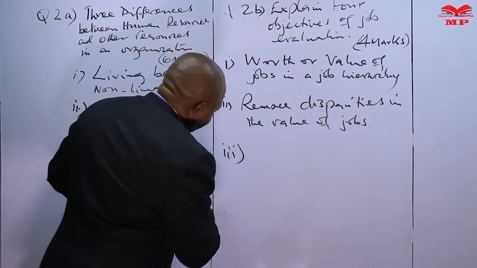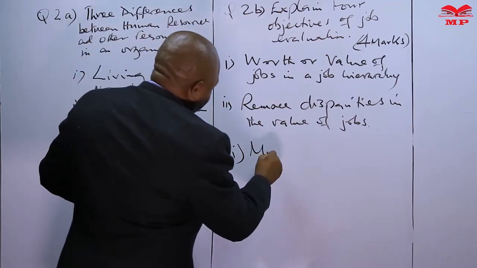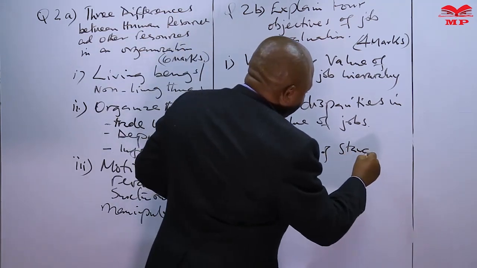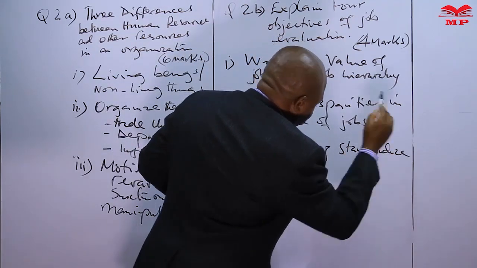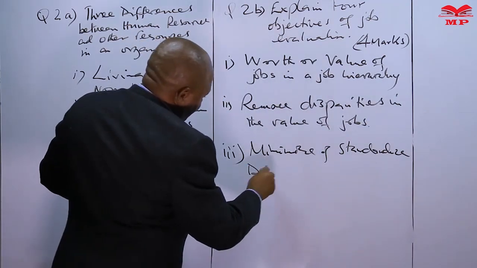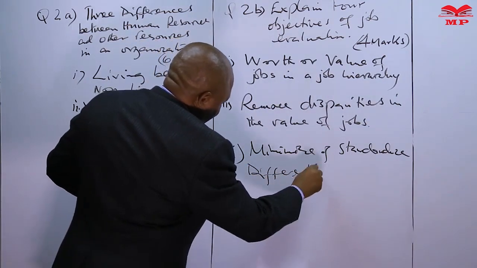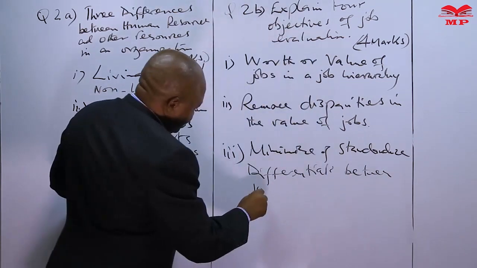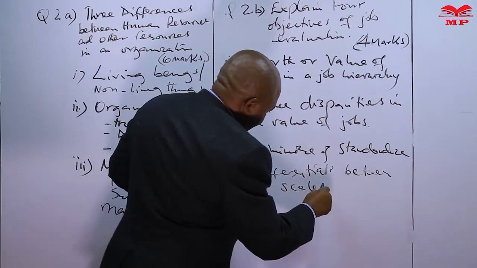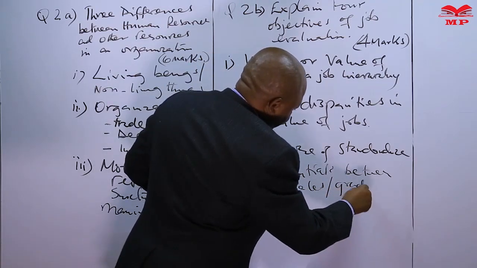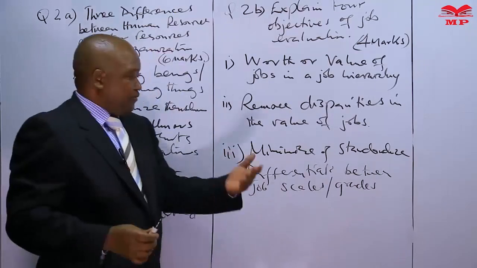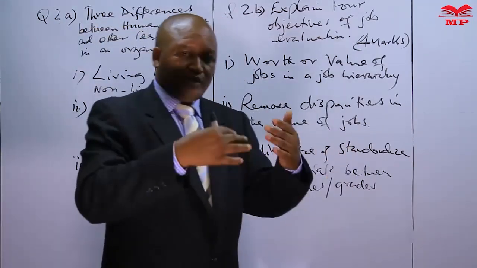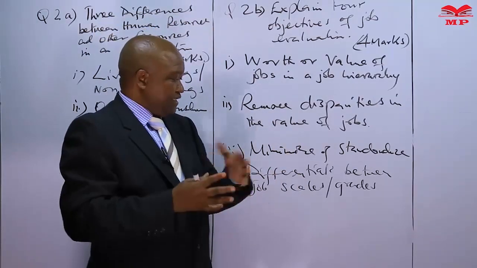Thirdly, minimize or standardize differentials between job scales, or we can say grades. There have been certain complaints by workers that the differentials between jobs in terms of the scales sometimes have been arbitrarily done.